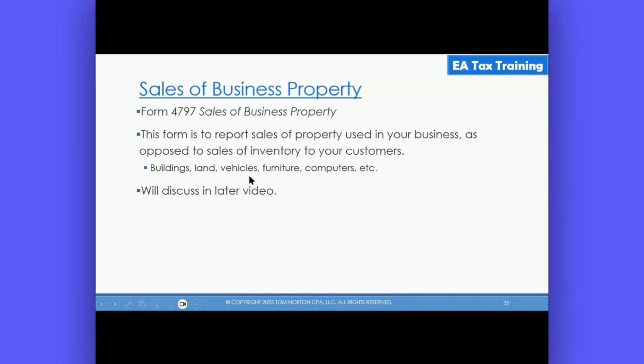Well, you probably also have computers that you use in your business that are not for sale to customers. Well, it might be that someday in the future you actually do sell one of those computers. But that is not a computer that you purchased in order to resell, so it would not be included in inventory. Instead, you would report the sale of that particular computer on this Form 4797. We'll talk more all about that in video 3.